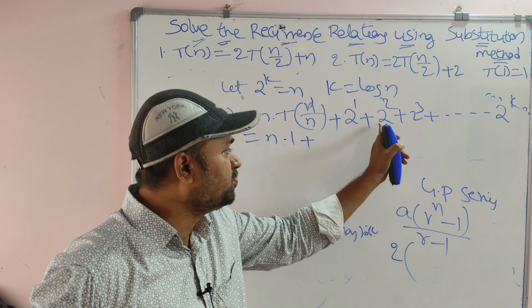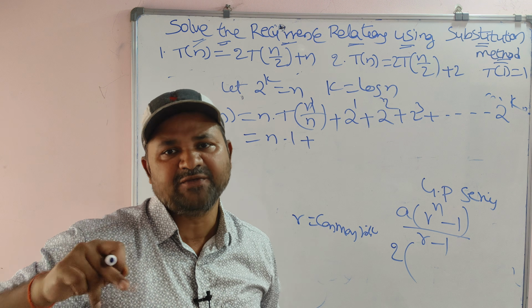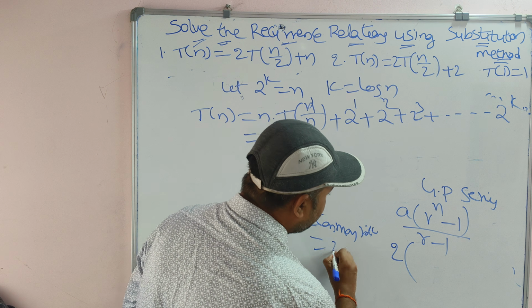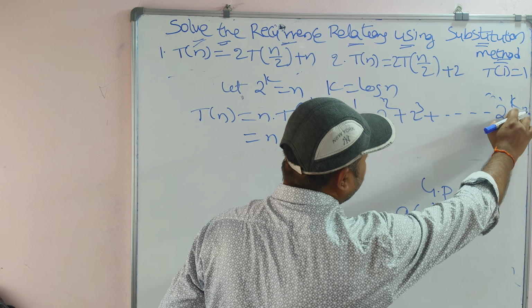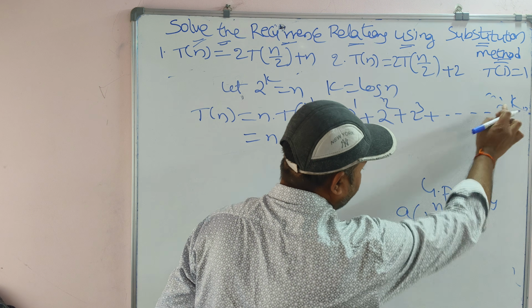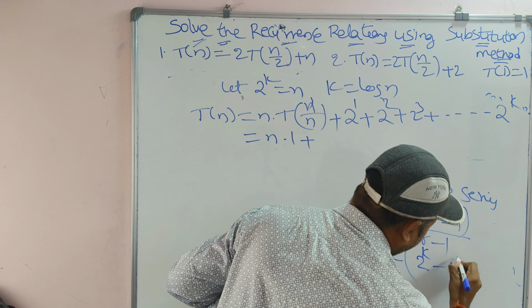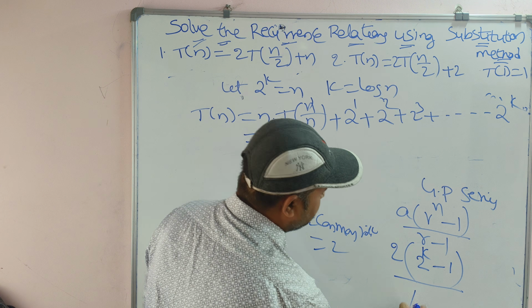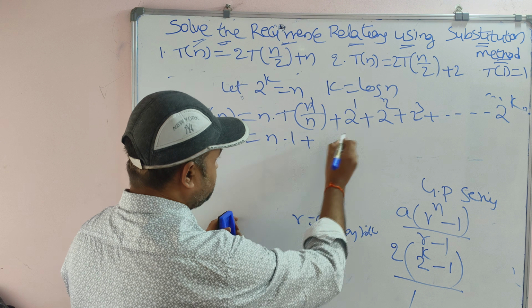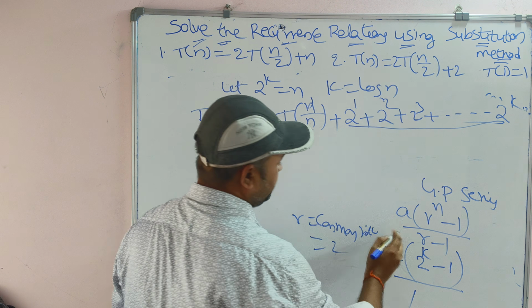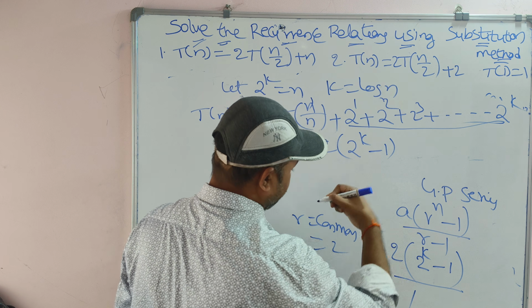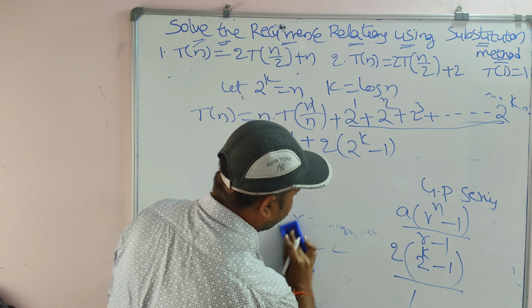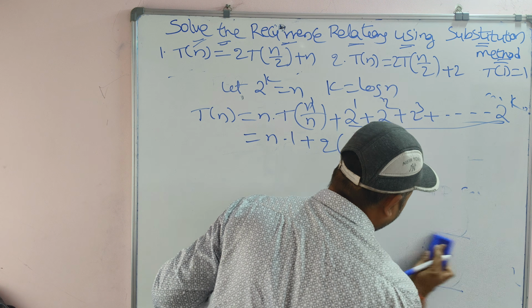2 power 3 by 2 power 2, 8 by 4, that is 2. So our R value is 2. So 2 power n; here instead of n we have to write k, because the last term here is k. 2 power k minus 1 by 2 minus 1. 2 minus 1 means 1. So here we will get 2 into 2 power k minus 1 by 1, that is nothing but the numerator only.